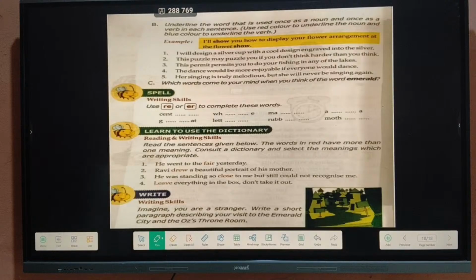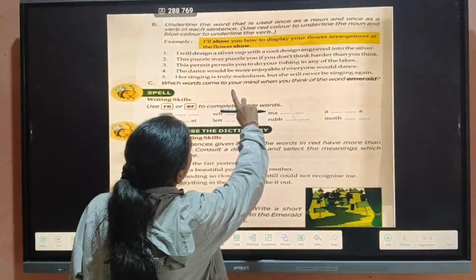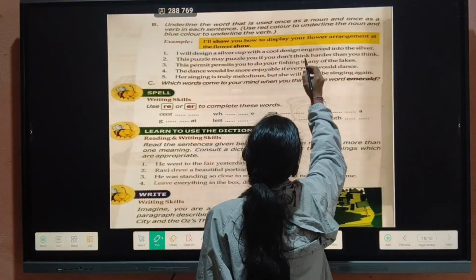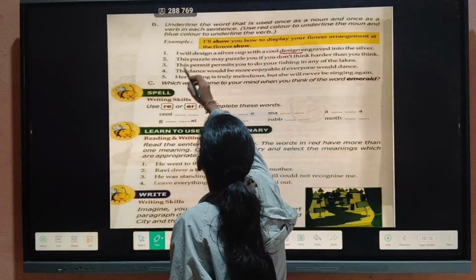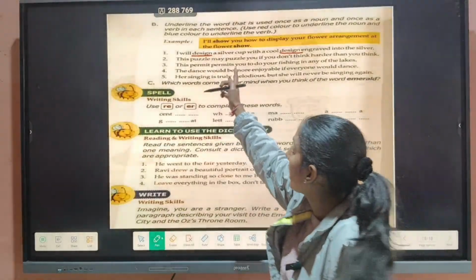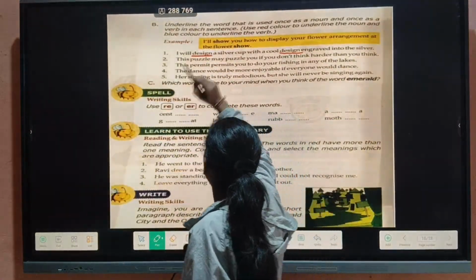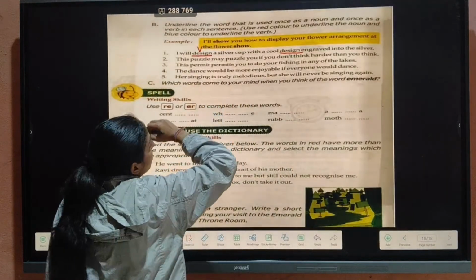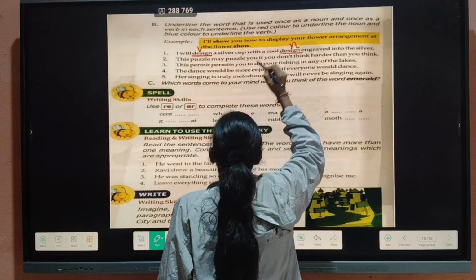So beta, I will design a silver cup with a cool design engraved into the silver. I will design. This design is coming with a helping verb, so it will change according to the verb also. So this is a verb and this is a noun.